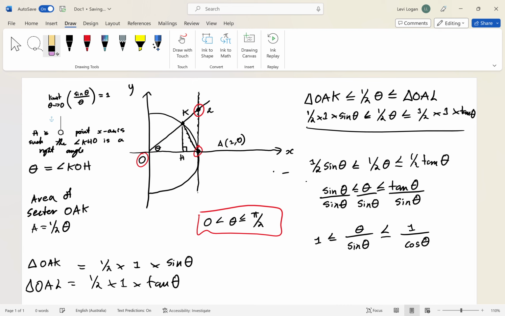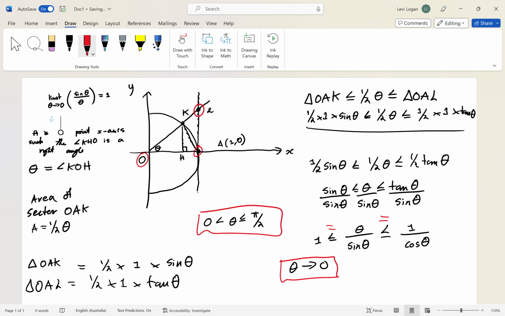Now we're going to look at what happens when theta approaches 0. This is starting to look like a limit up here. So these less than or equal to signs are pretty much equivalent, because we're dealing with limits now. They're pretty much the same as just equal signs.